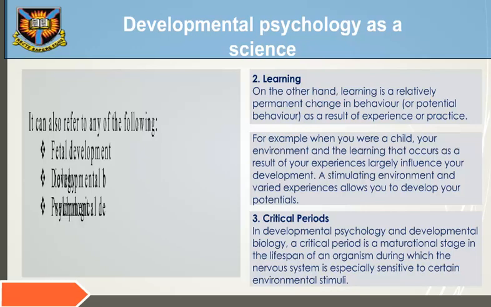3. Critical periods. In developmental psychology and developmental biology, a critical period is a maturational stage in the lifespan of an organism during which the nervous system is especially sensitive to certain environmental stimuli.